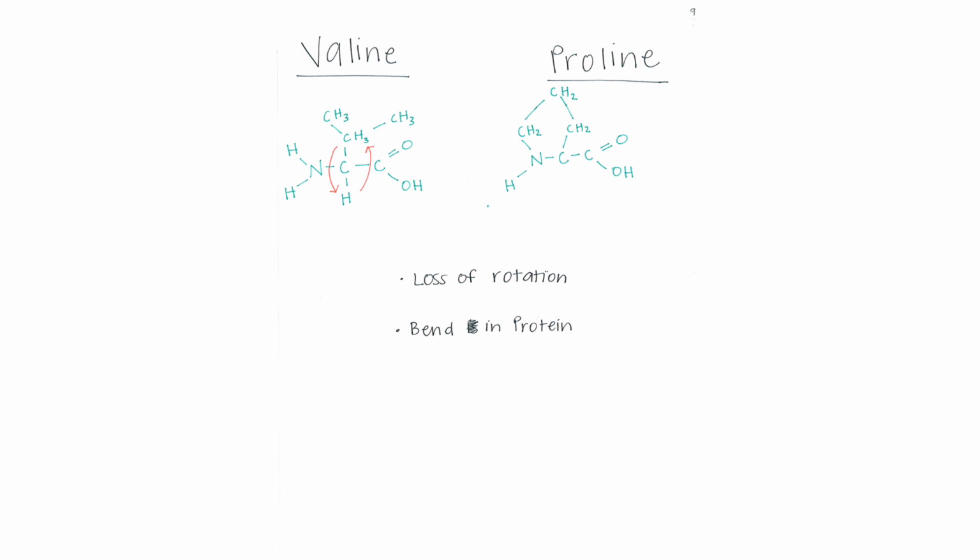Now, if you look at proline, proline is different. You see the carboxy end of the amino acid. You see the R group coming off of the central carbon. But what happens is you have the end of the R group making a covalent bond back to the nitrogen. So it makes a ring-like structure, in which there's a loss of rotation.